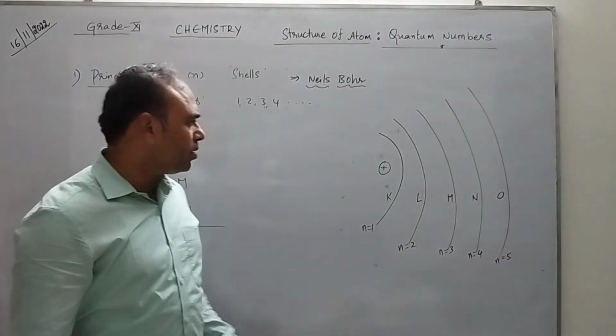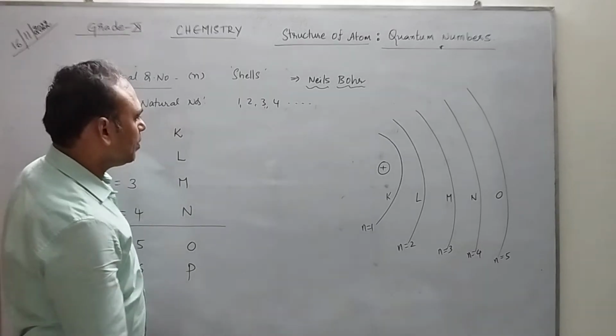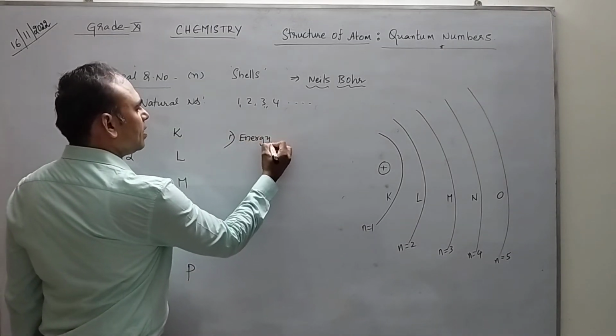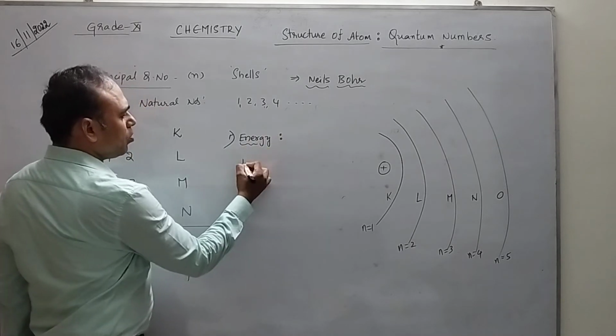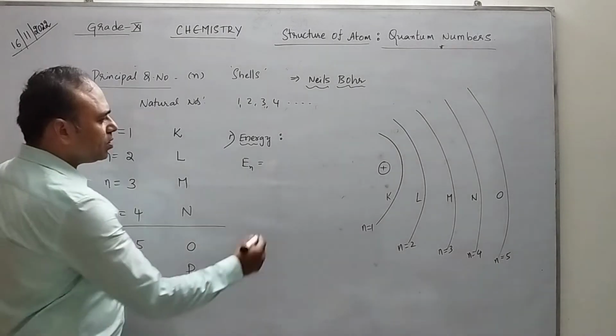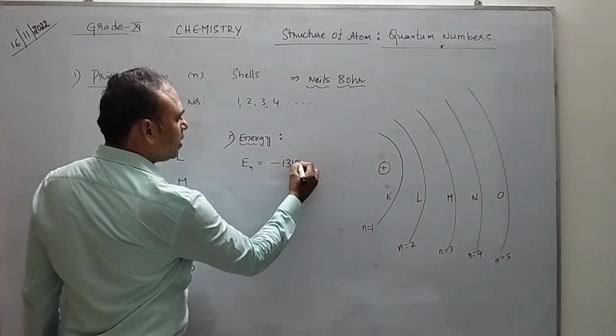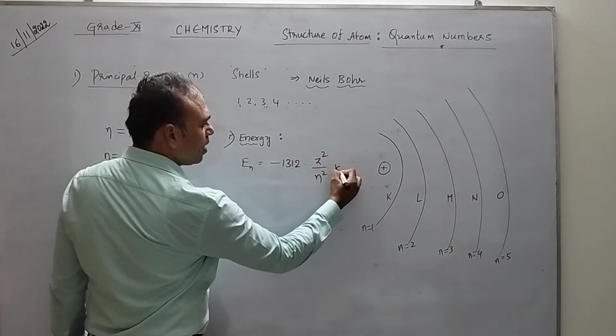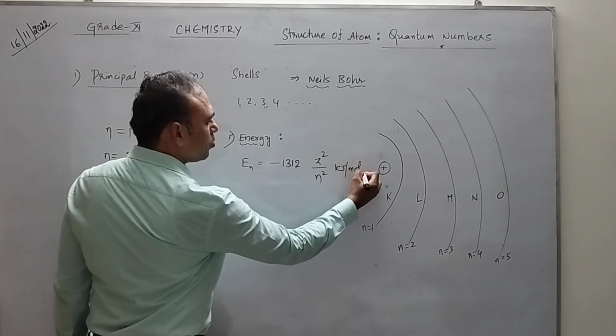Now this principal quantum number, what does it represent? Number 1, it will represent the energy. So how you calculate the energy of this shell? En is equal to minus 1312 into Z square by n square kilojoule per mole.